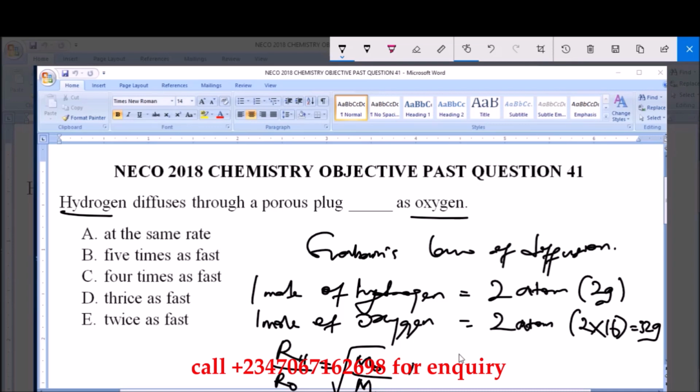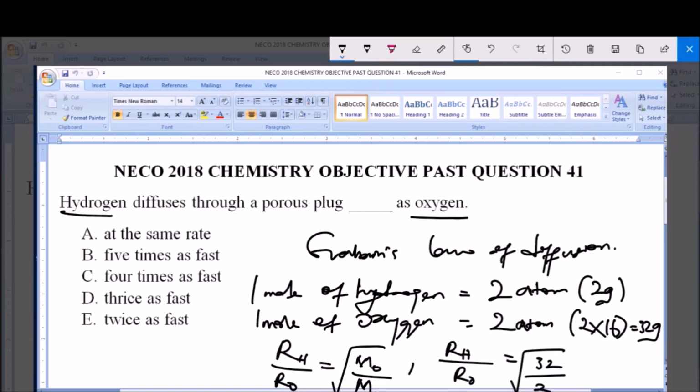So from this we have RH over RO, which is the rate of diffusion of hydrogen over the rate of diffusion of oxygen, is equal to the square root of 32 over 2, and this is equal to the square root of 16, which is equal to 4. So therefore hydrogen will diffuse 4 times as fast as oxygen, and that is option C, 4 times as fast as oxygen.